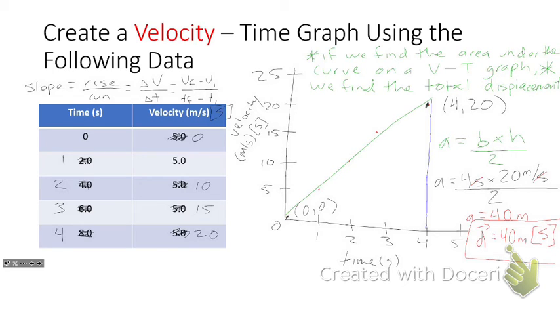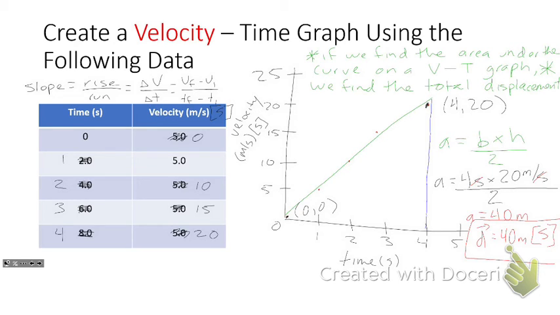Okay, so we learned a few things today. If we bounce back to our displacement time graph, what can we find if we calculate the slope of a displacement time graph? Average velocity. Good. If we have a velocity time graph and we calculate the slope of a velocity time graph, what do we find?